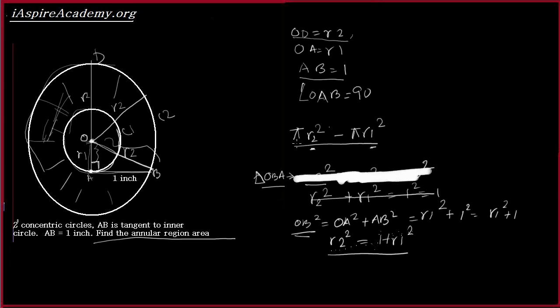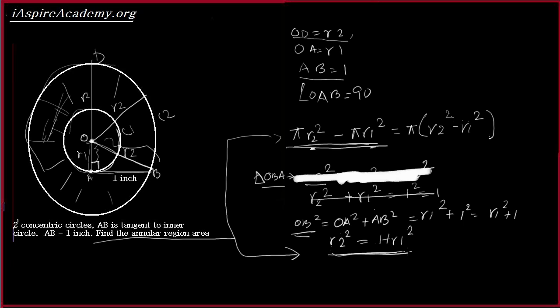Now let's look at this one and this one carefully. Using this information, can you find this out? It's almost like solving equations involving two unknown variables, and we have two equations, so you should be able to solve them. If you take pi out, you'll have R2 square minus R1 square.